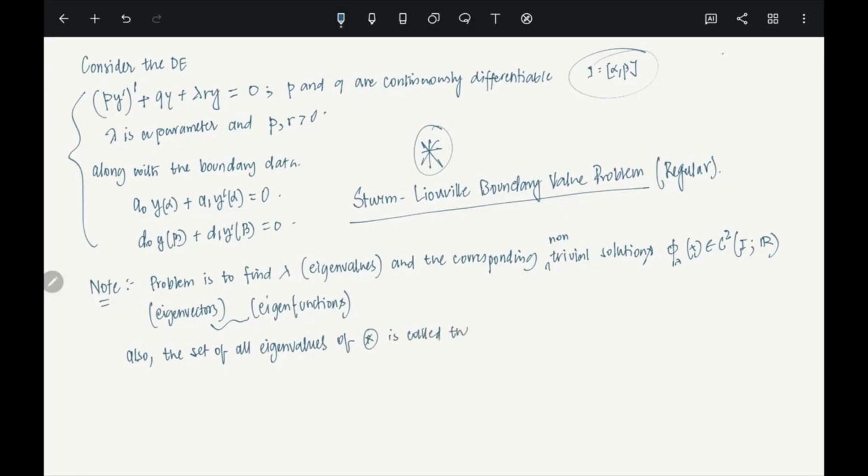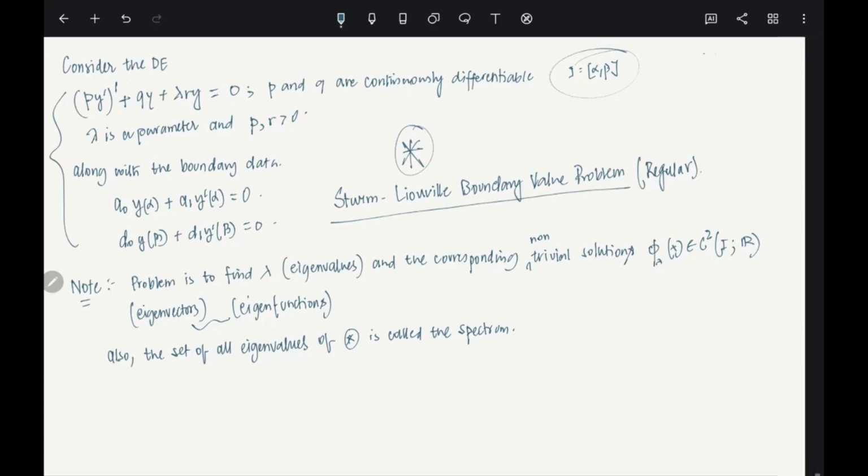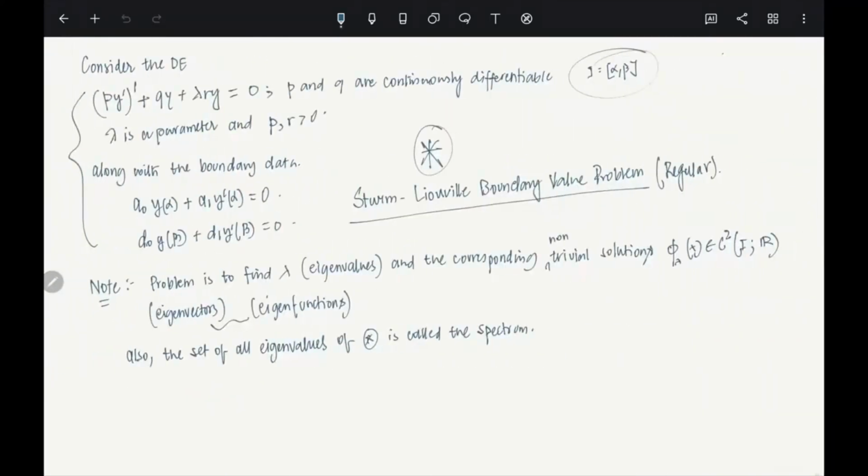What is the spectrum of? The spectrum of some operator. The operator is given by L, which is (p y prime) prime plus q y. That's the operator, as you understood. So that is the whole problem, the introduction of the problem.